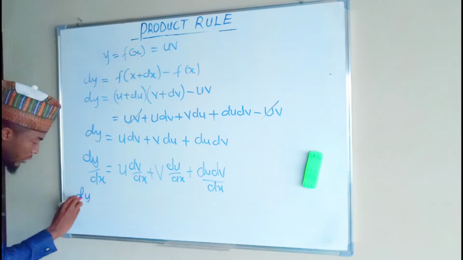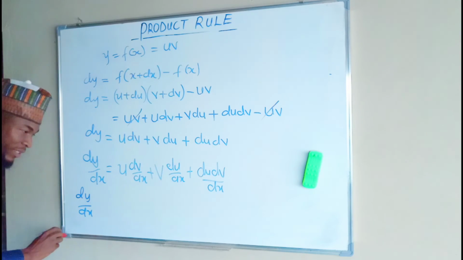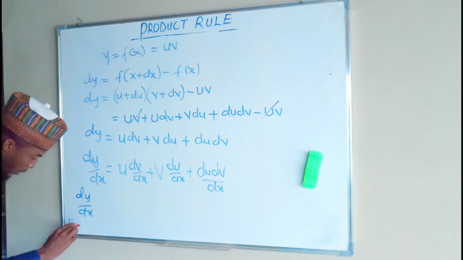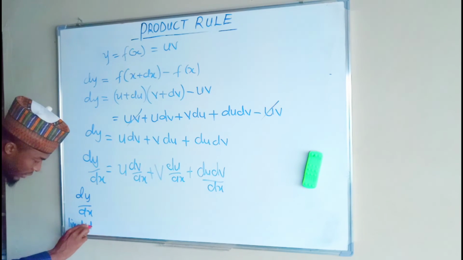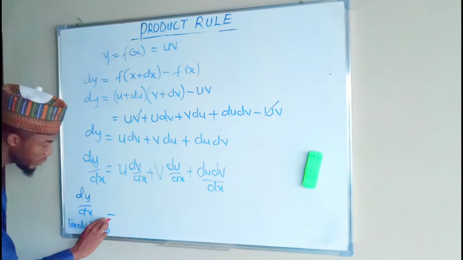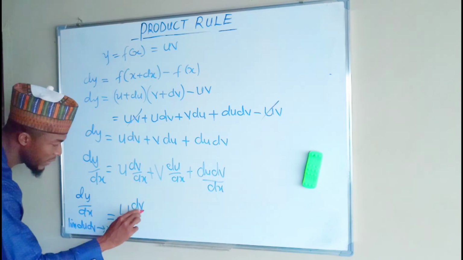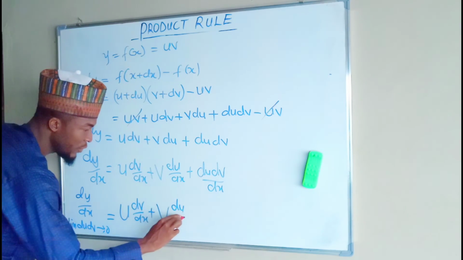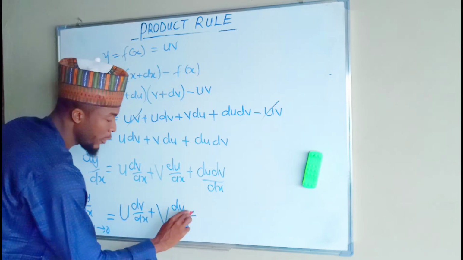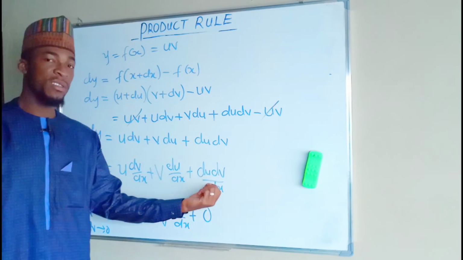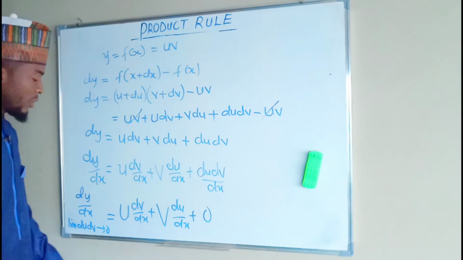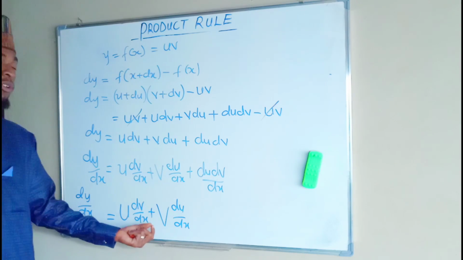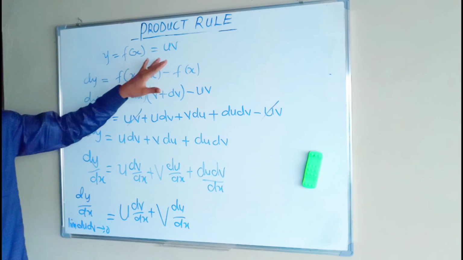As the limit of du approaches 0, dy over dx will be equal to u dv over dx plus v du over dx plus 0, because du times dv divided by dx will be 0. So in a nutshell, this is what we have: u dv over dx plus v du over dx if the function is in product form.